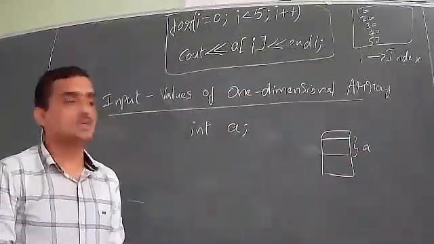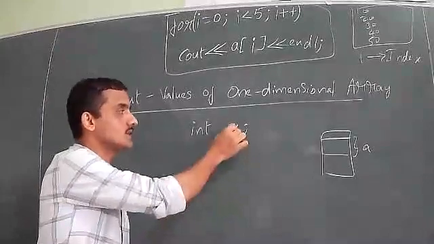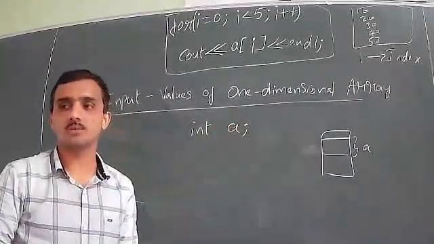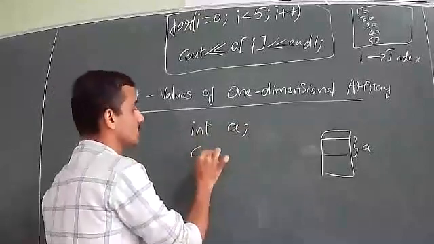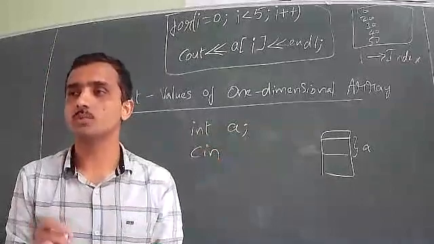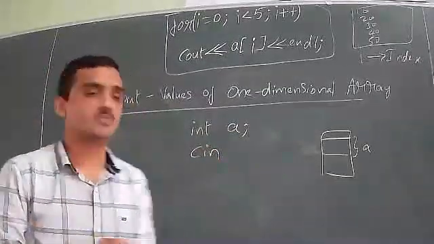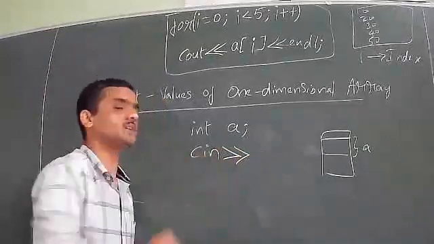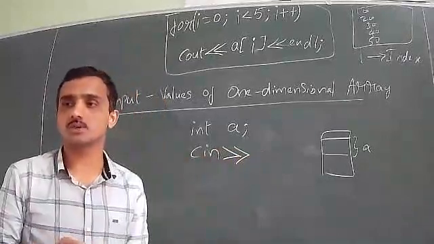Okay. Now, to input the value for this variable, we have to consider cin statement, not cout statement. For output, you consider cout. For input, you have to consider cin, with the extraction operator. Don't get confused with the insertion operator.